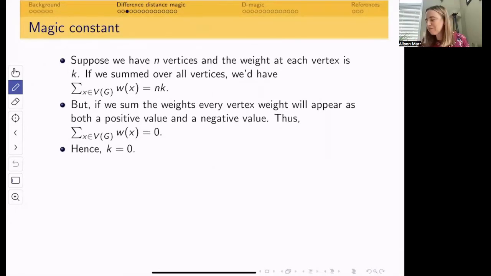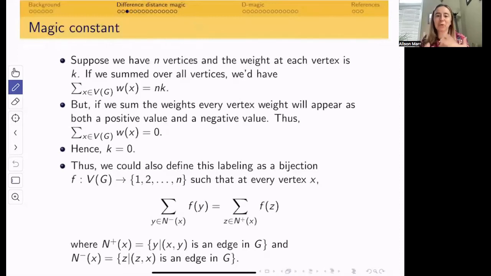And so in fact, we could alter this definition to say what we're really wanting to do is label the vertices in such a way that the sum coming in is equal to the sum going out of the neighbors of that vertex. We started out with this difference distance magic labeling, that's what we were calling it. Then we later realized that the difference isn't that important. The difference has to be 0 in this case. So really what we're wanting is for the sums in to be equal to the sums out at every vertex.